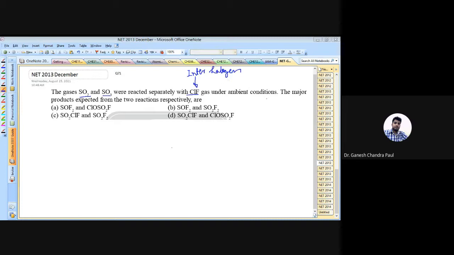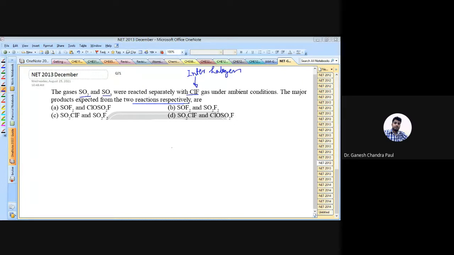Under ambient conditions, the major products expected from the two reactions respectively are what? That you have to identify.